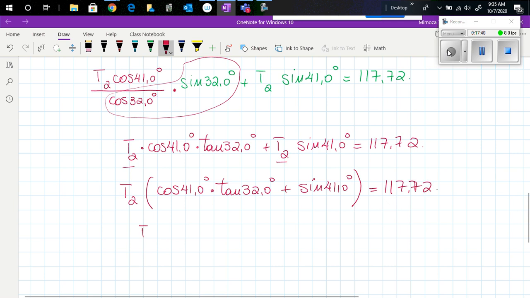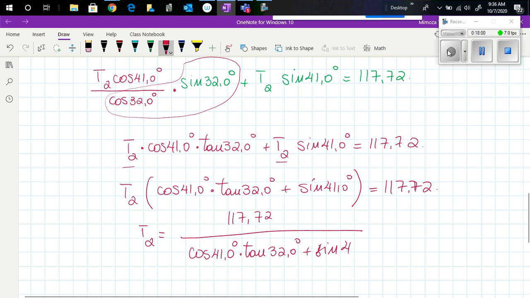And from here, T2 will be 117.72 over all this expression here: cosine 41 times tangent 32 plus sine 41 degrees.